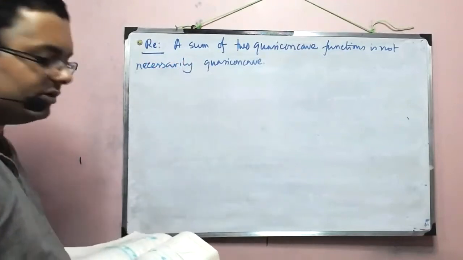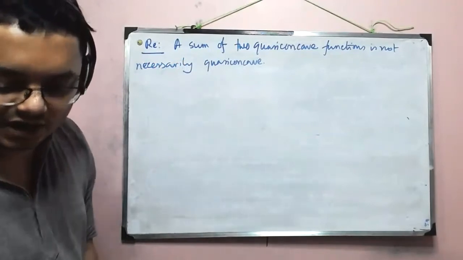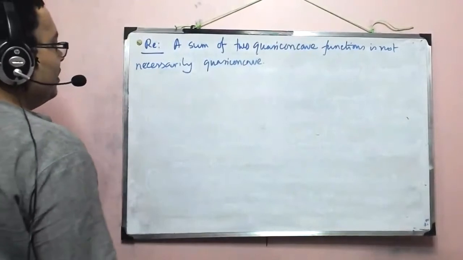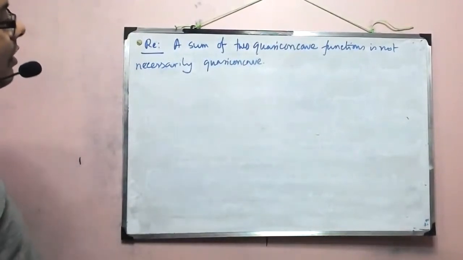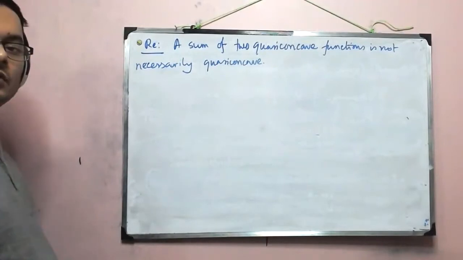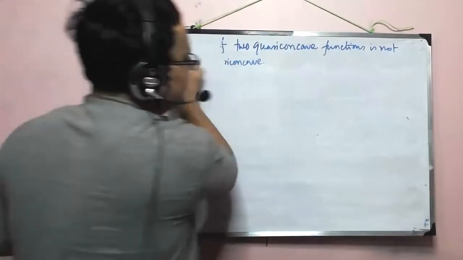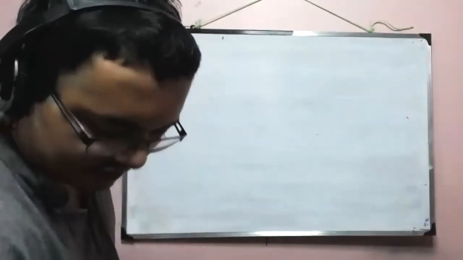Now we are going to look at three different diagrams again, and at an alternative algebraic definition of a function being quasi-concave or quasi-convex. Let me erase this result, and then we are going to draw three diagrams.